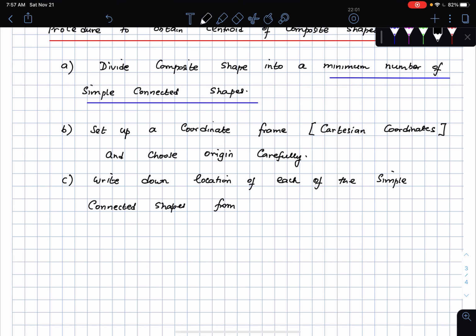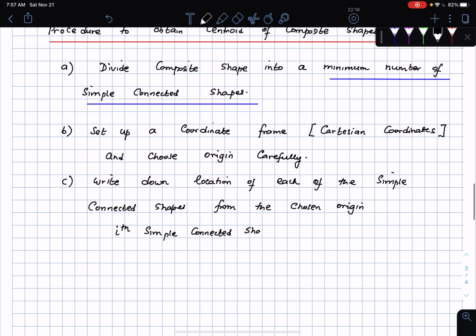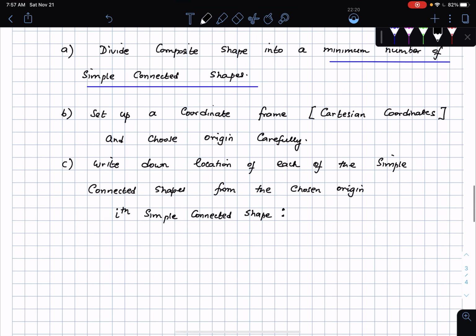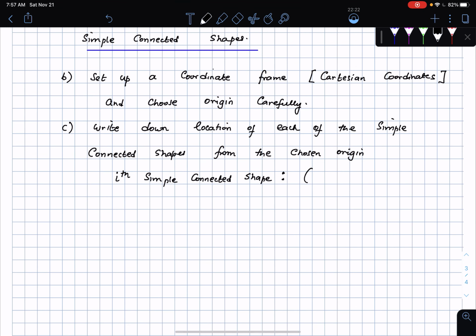For example, if I look at the ith simple connected shape, here is what I would be writing down. The location of its centroid is going to be x bar i, y bar i.